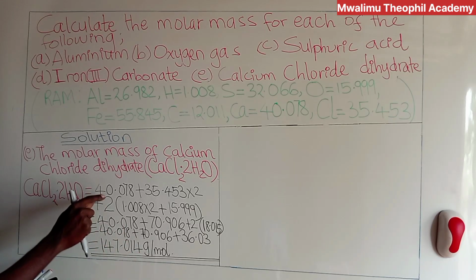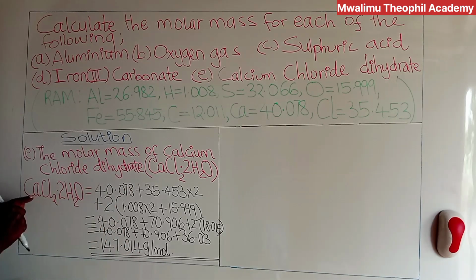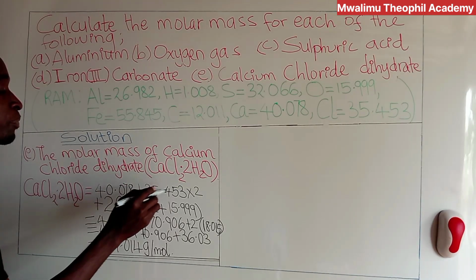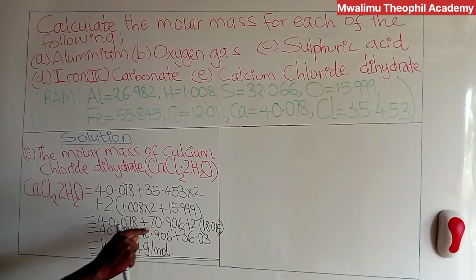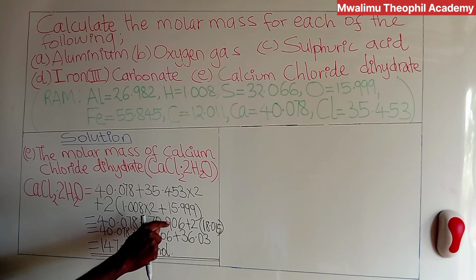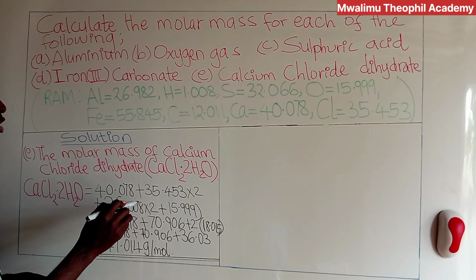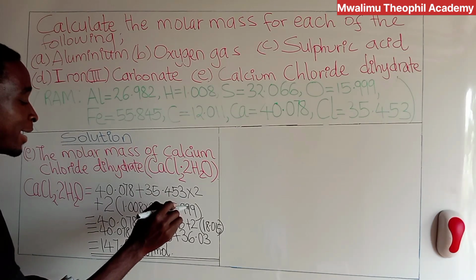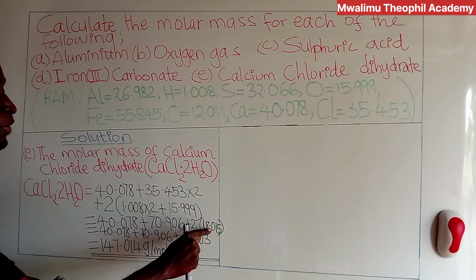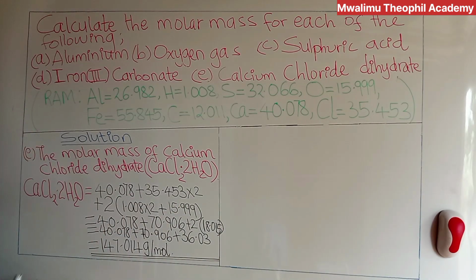When you compute, we take 40.078 as it is, as you see here, because it is only a single atom of calcium. We add 35.453 times 2, we get 70.906. And we add 1.008 times 2 plus 15.999, where we get 18.015 times 2, as you see here, because we have 2 molecules of water.